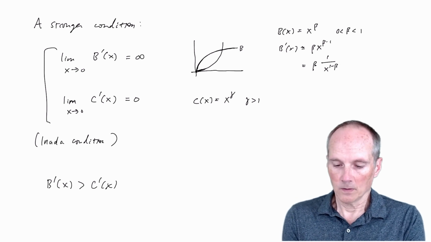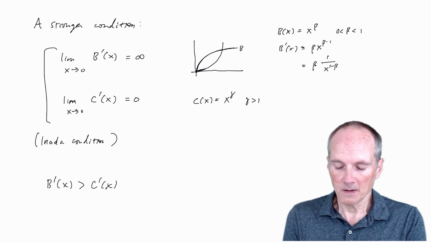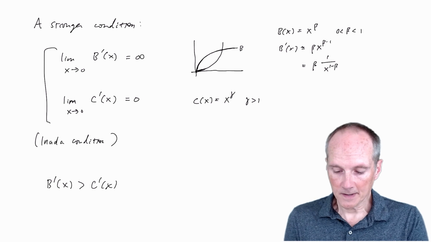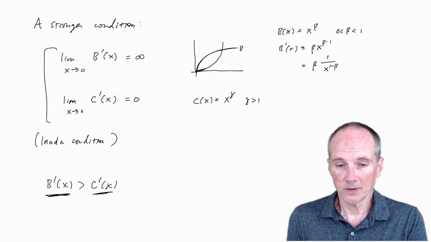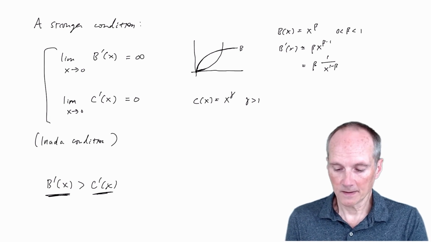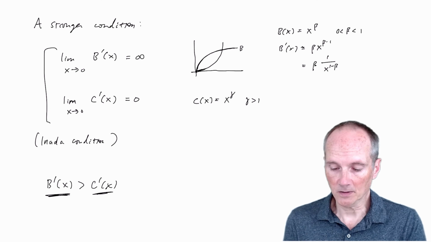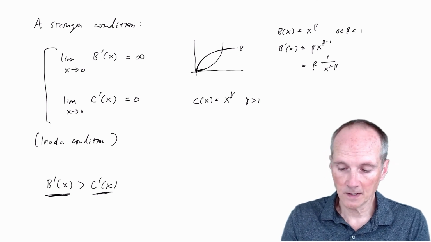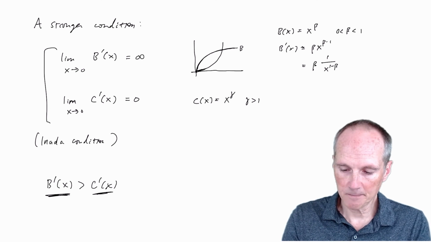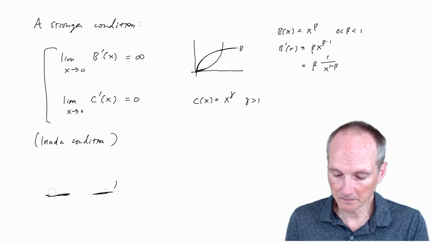Okay. So with this Inada condition, when x is small, this marginal benefit's going to be becoming arbitrarily big, and the marginal cost is going to be going to 0. So obviously, this inequality will hold for small scales. Anyway, that's just a stronger condition that's used, and it just might be something you run into.